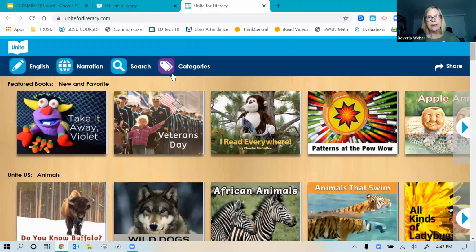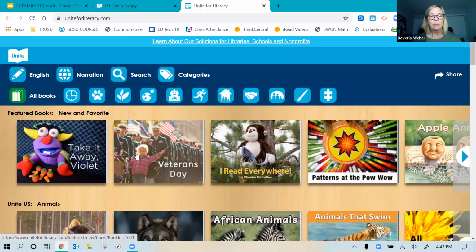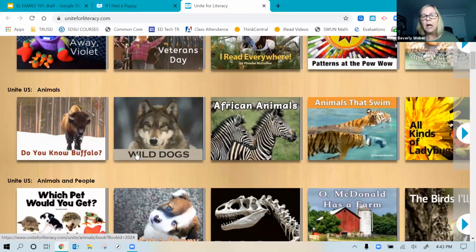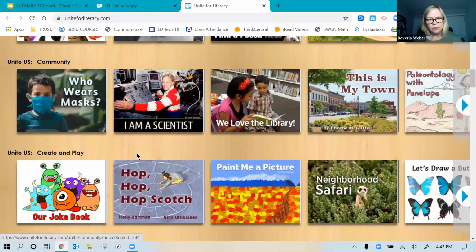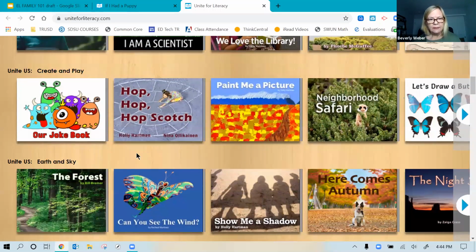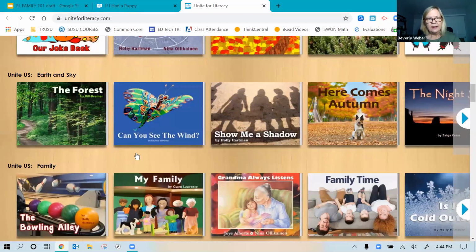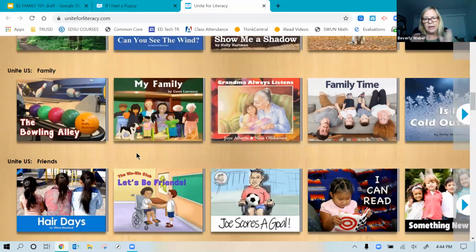There are books about animals, about people, about holidays, sports, and there are hundreds of books that you can choose from. So many. And you can use these just like Ms. Ureli showed you to read with your child. You can read them in English and your home language.